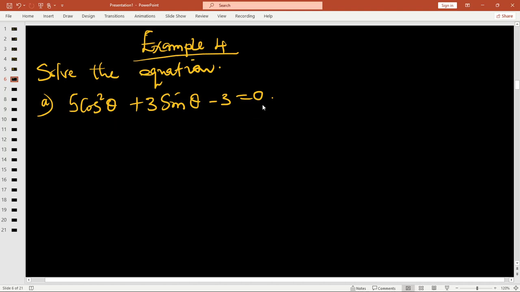Remember from the previous lesson, we had the Pythagorean identity where we said sine squared theta plus cos squared theta is equal to 1. So we can manipulate this into having cos squared as the subject, then substitute. On the other side we're going to have cos squared theta is equal to 1 minus sine squared theta, like this.